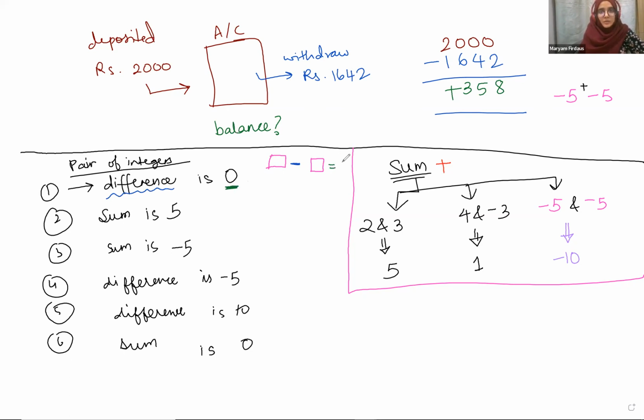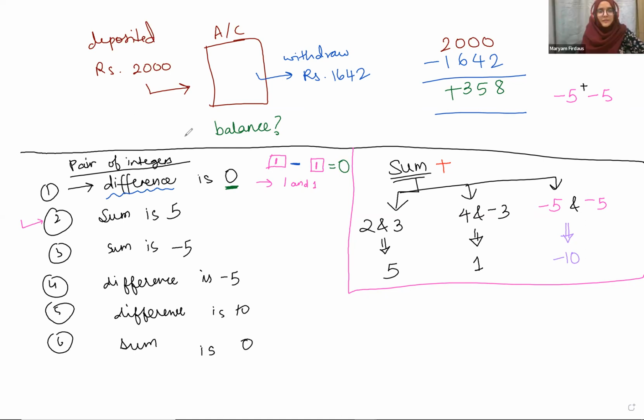So I'm going to say equal to 0. What are the two integers whose difference is 0? As you said correctly, 1 and 1. So the answer over here will be 1 and 1.